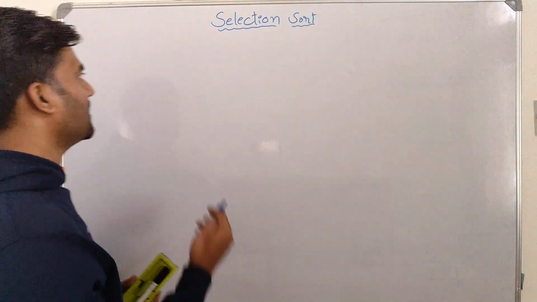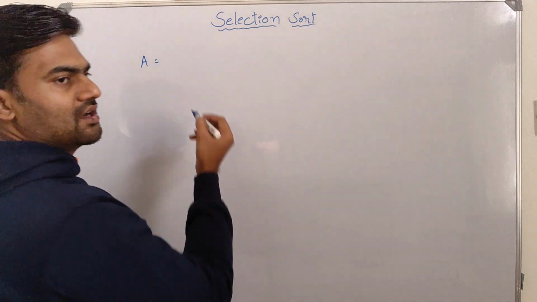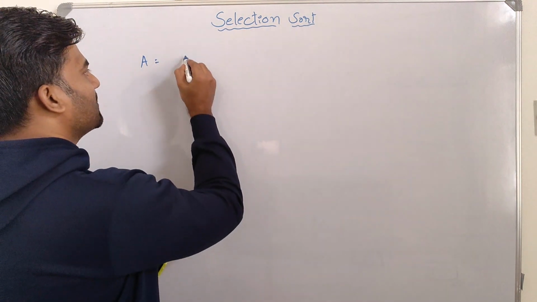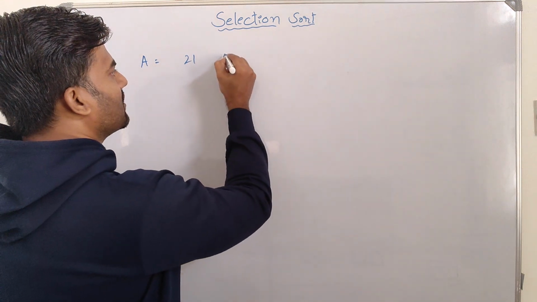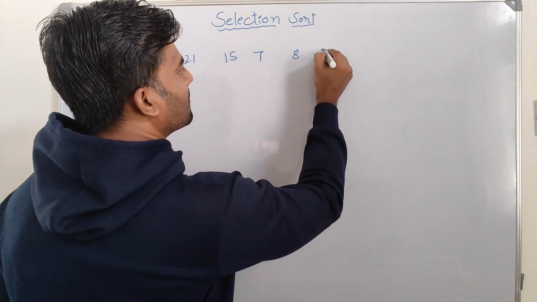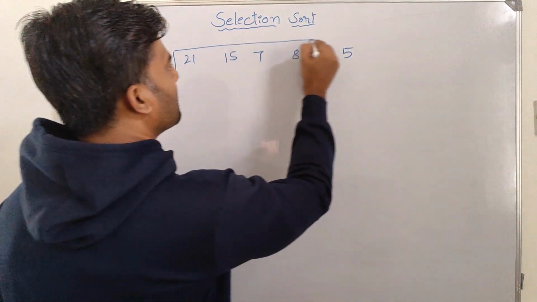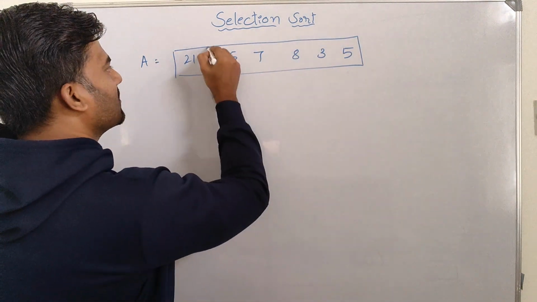Let us assume we have an array A: 21, 15, 7, 8, 3, 5, maybe 6 numbers.